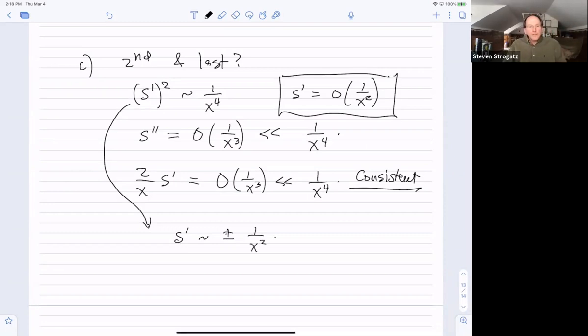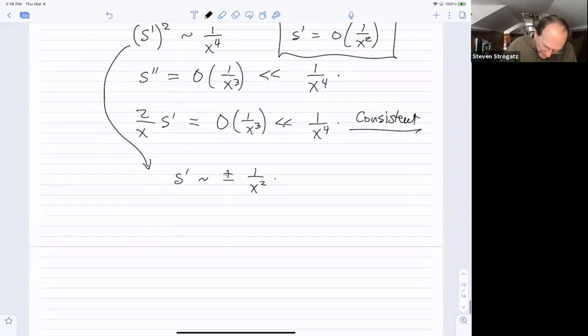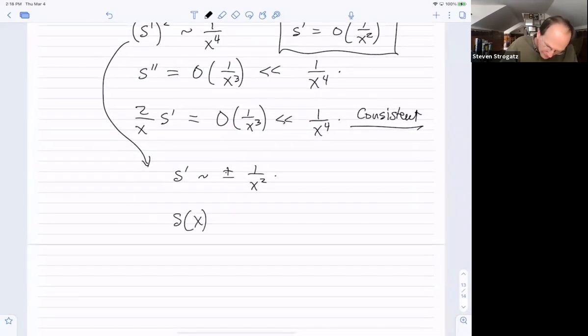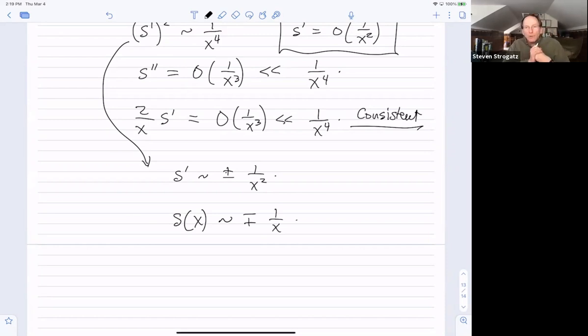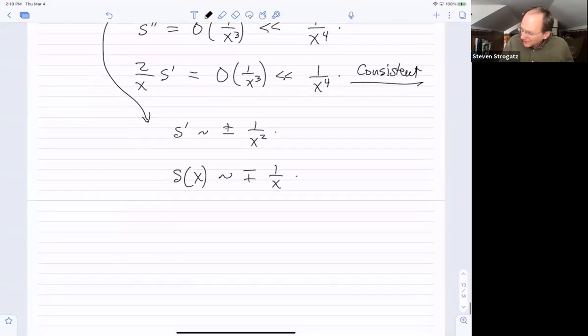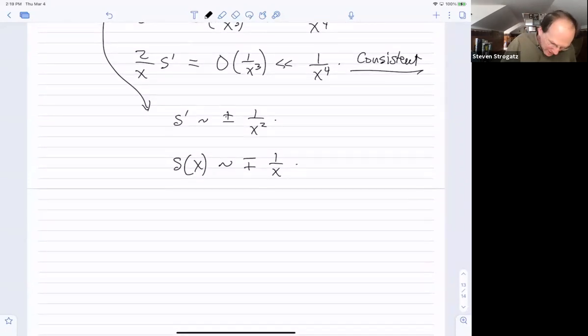And so then integrating that, you can conclude that s of x is asymptotic to minus or plus 1 over x, which is what we said, because remember at the beginning, I told you e to the 1 over x and e to the minus 1 over x were exact solutions. Normally, this would just be a first approximation to the correct answer.